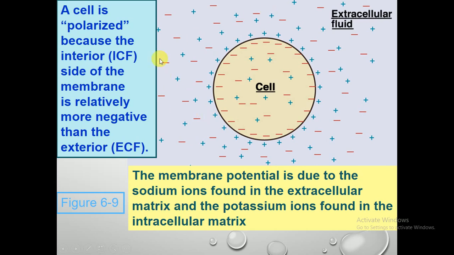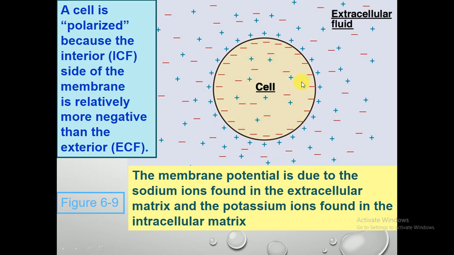Now let's suppose a cell is polarized because the interior, the intracellular fluid side of the membrane, is relatively more negative than the exterior extracellular fluid.